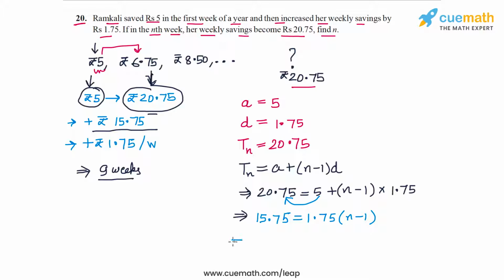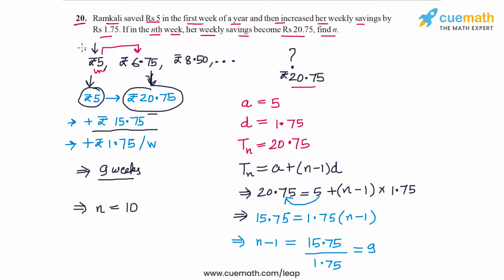Now let's divide by 1.75 on both sides. So we get n minus 1 equal to 15.75 by 1.75, that is equal to 9. So n minus 1 is 9, and this means n is 1 plus 9, or 10.